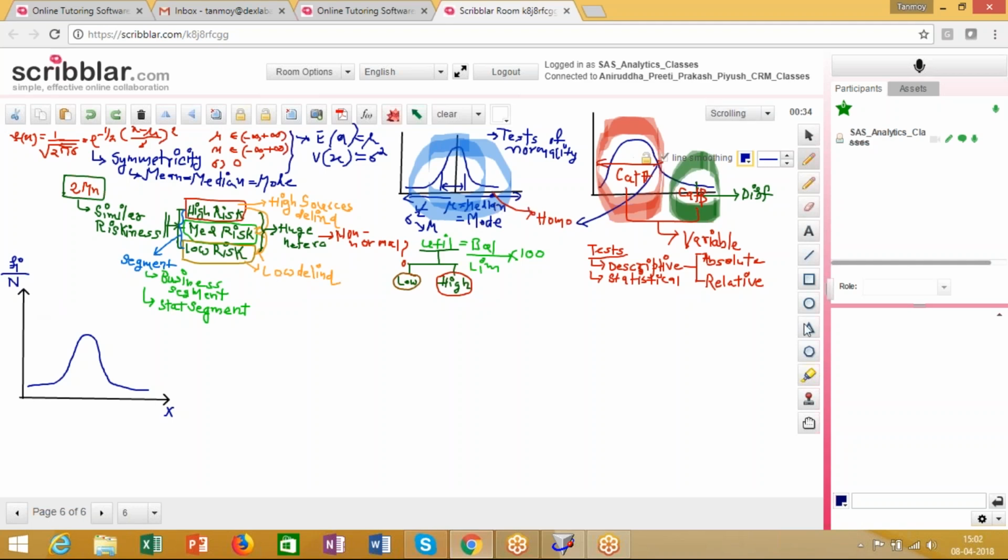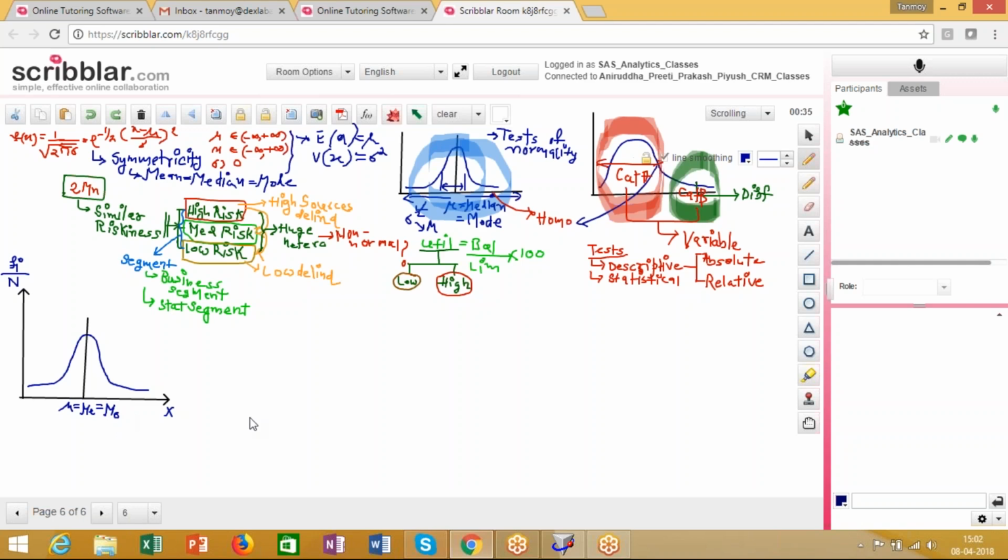Now let us see how this graph looks. Let's split this into two parts. Over here, one is mu, and the median is equal to mode. So there is mean, median, and mode.